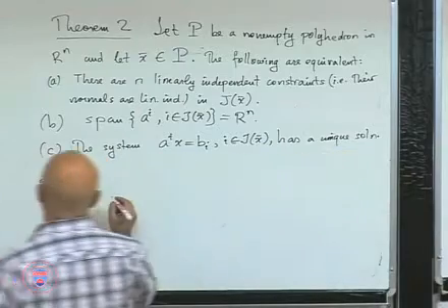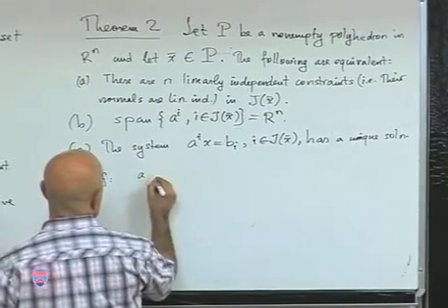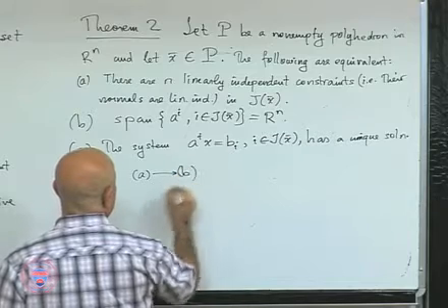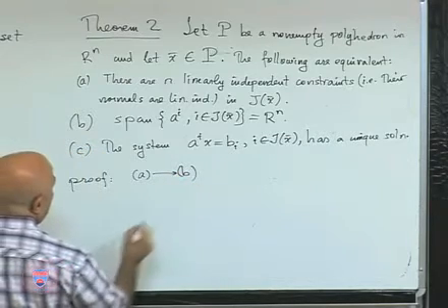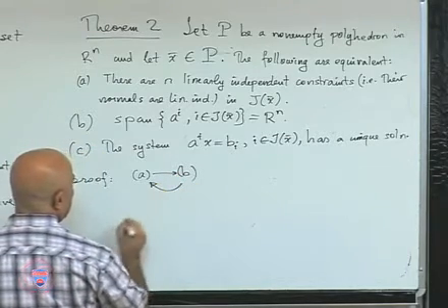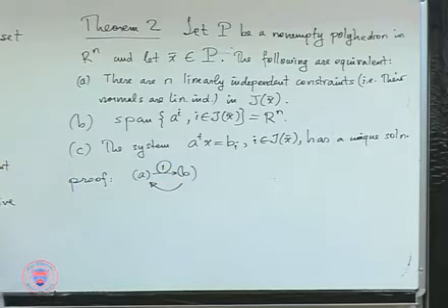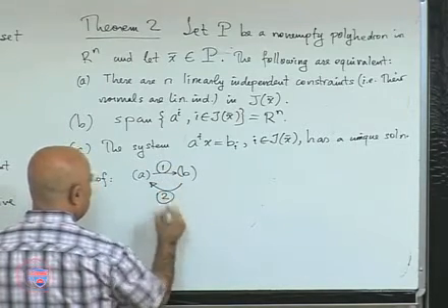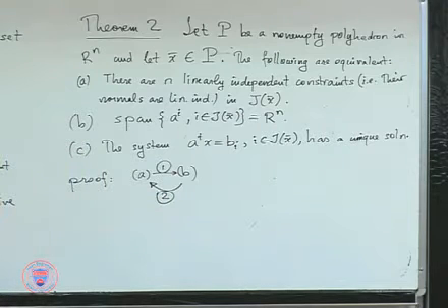What am I going to do? Let's see. I want to go ahead and prove A implies B, and let's call this one number 1. And then I want to also prove that B implies A.